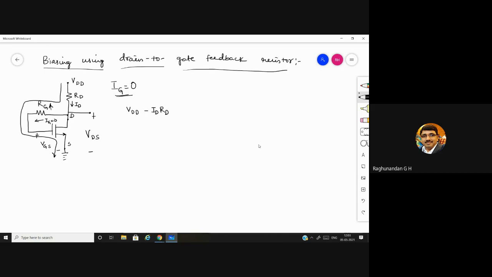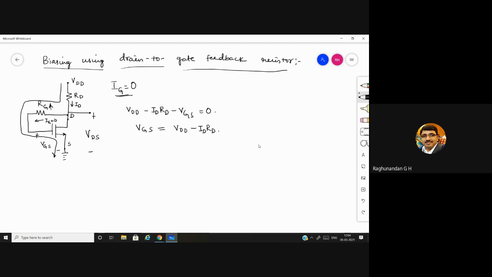Since the gate resistance is very, very high, in terms of 10 mega ohm, we will be using this high resistance. So ignoring this, moving ahead here, plus to minus VGS is equal to 0. This can be rearranged. If you want an equation for VGS, then we get VDD minus ID RD.